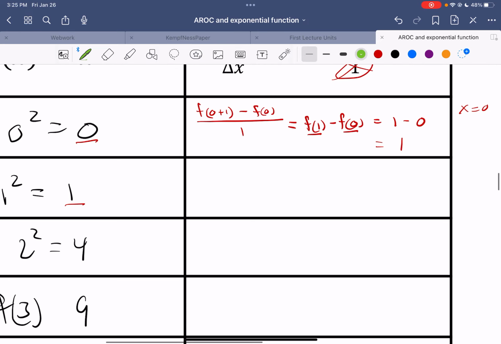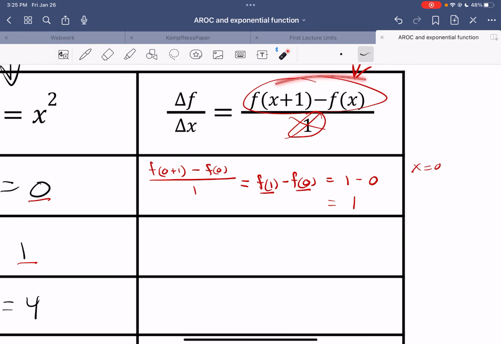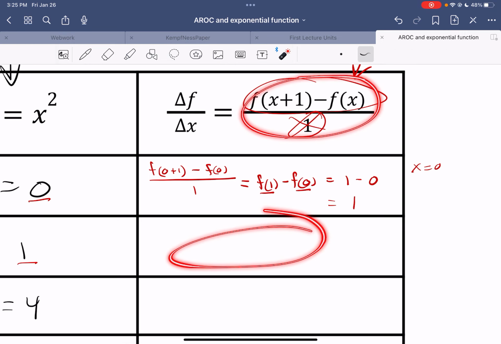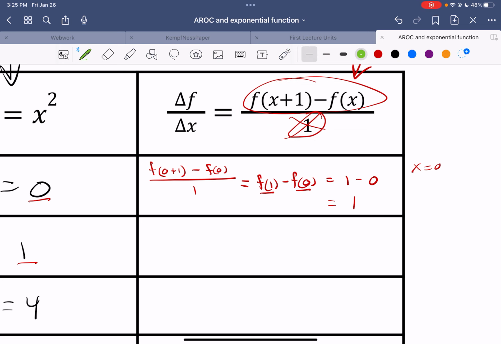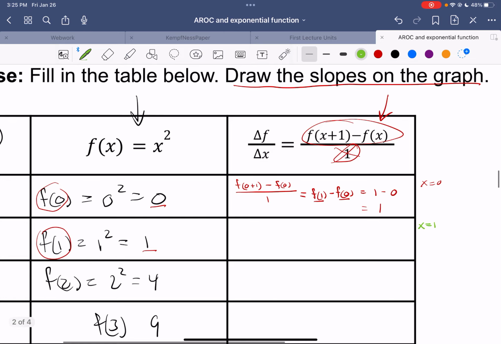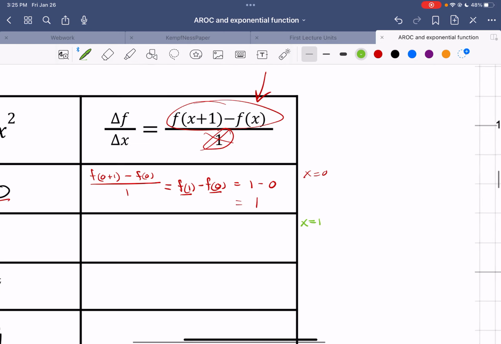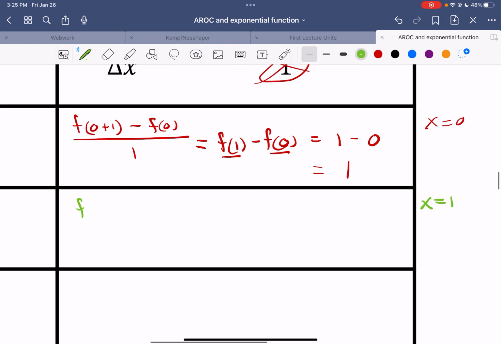So let's make sense of this formula for this box here, right? What have I said to do? Everywhere you see an x, you replace it with the x value for that row. Here my x value is 1, right? So this is f of 1 plus 1 minus f of 1.